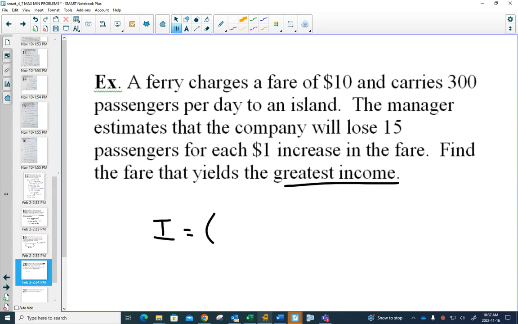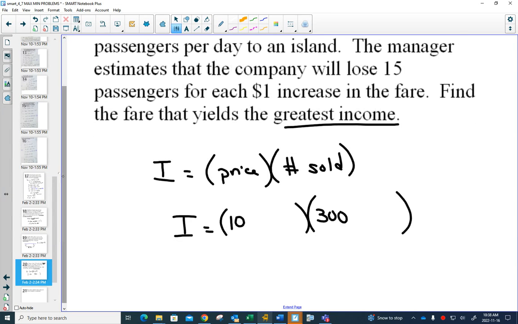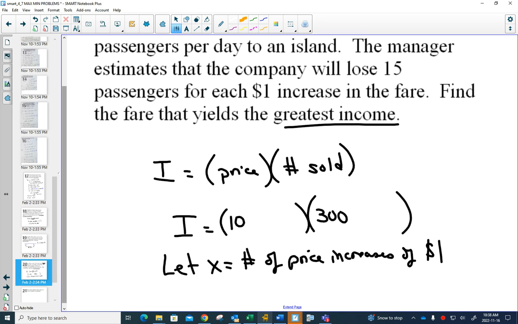Well, it is the price times the number sold. What's our price? It starts off at $10. The number sold starts off at 300. It says that if you increase the price by $1, so then I'm going to say let X equal the number of price increases of $1.